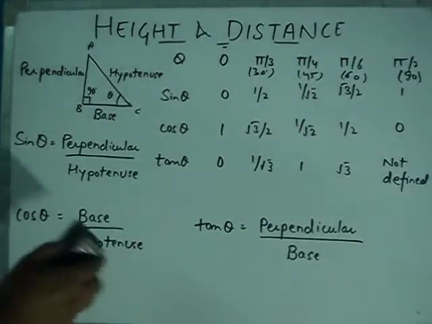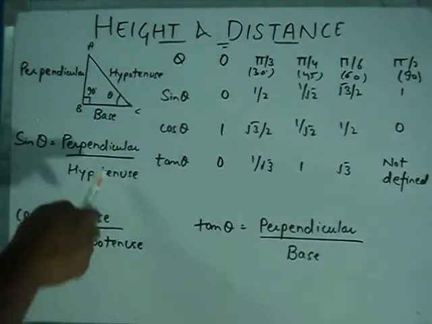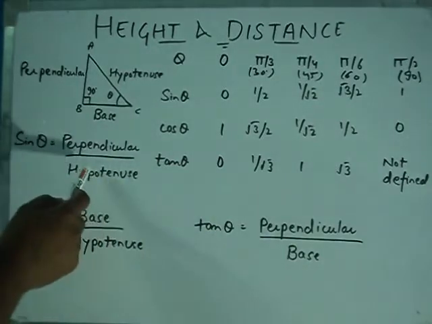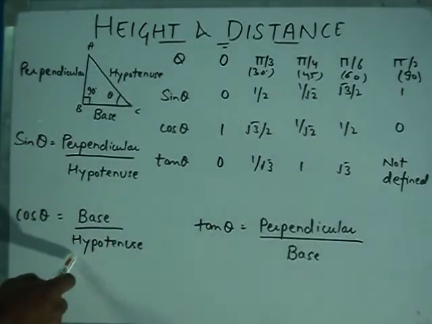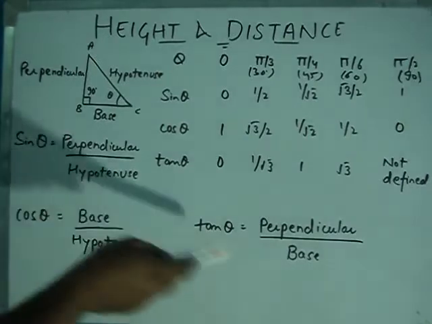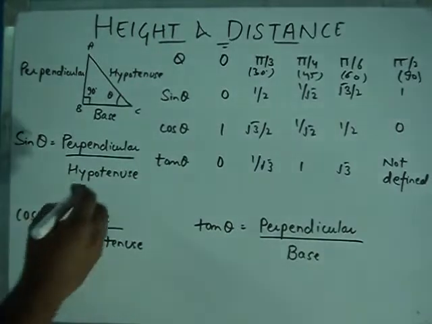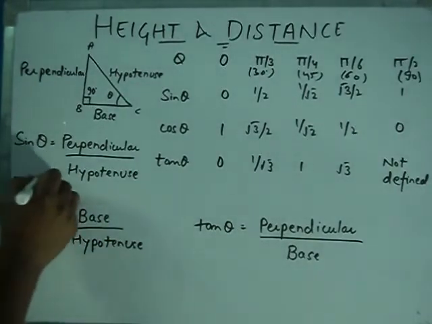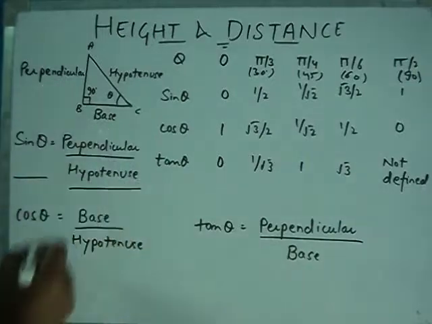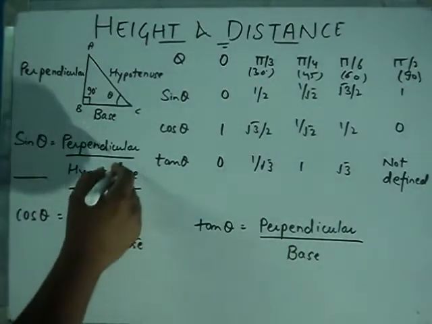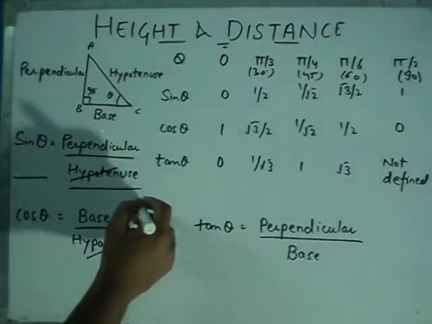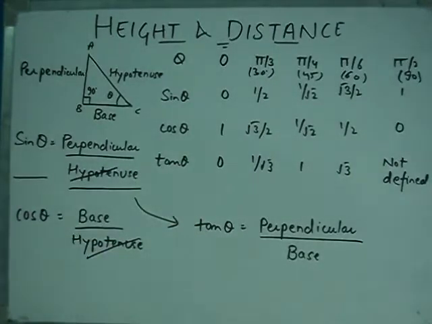Or we can say that tan theta is the ratio of sin theta and cos theta. If I divide these two values like this, after cancellation we get this result. So tan theta is the ratio of sin theta and cos theta.